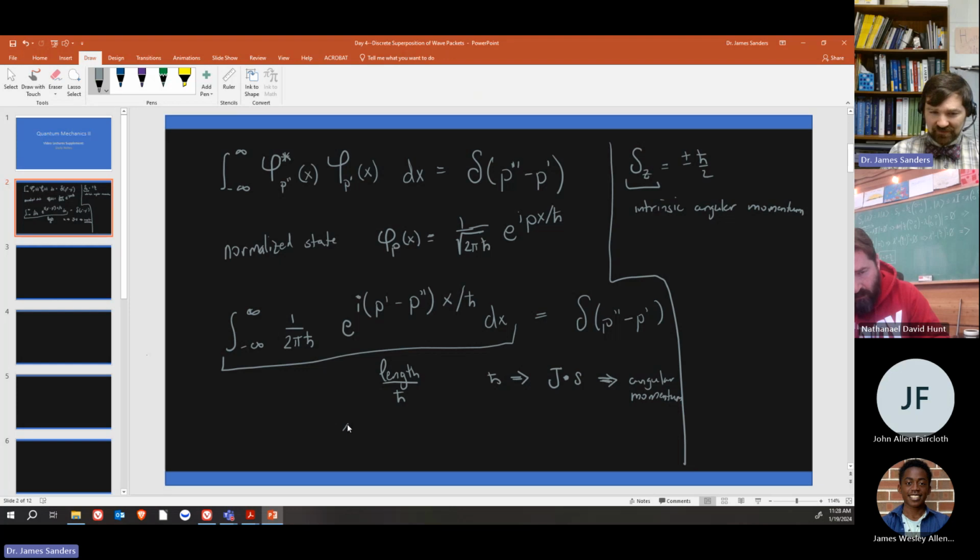So we have length over angular momentum as our dimensional analysis here. And that, dimension-wise, is 1 over plain old linear momentum, which I'm just going to write as momentum here.